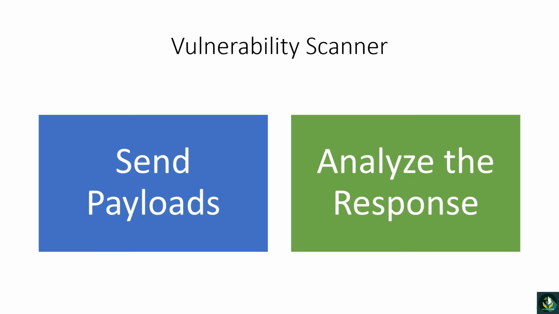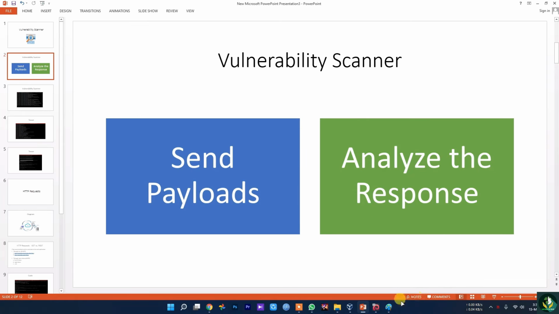Then I will show you how easy it is to write a simple method to discover a specific vulnerability, and then you will be able to write methods for all different types of vulnerabilities. So later on all you have to do is extend the base code. So let's go ahead and get to this.